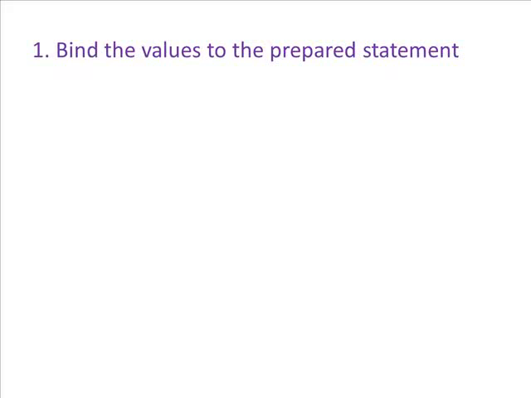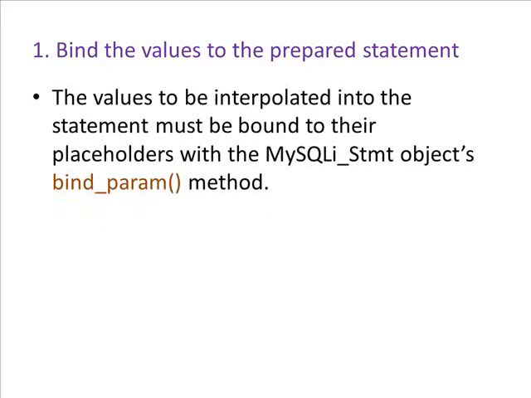Executing the prepared statement is now a matter of performing two actions, usually within a loop. First action: bind the values to the prepared statement. The values to be interpolated into the statement must be bound to their placeholders with the MySQLi statement object's bind param method.